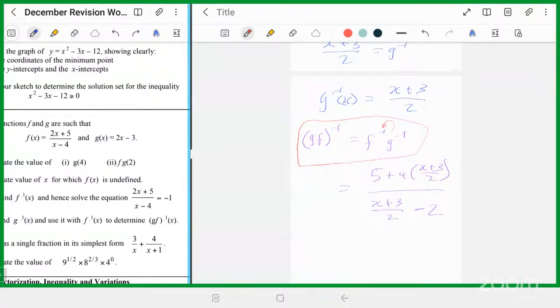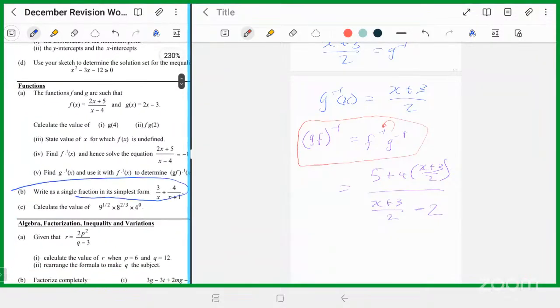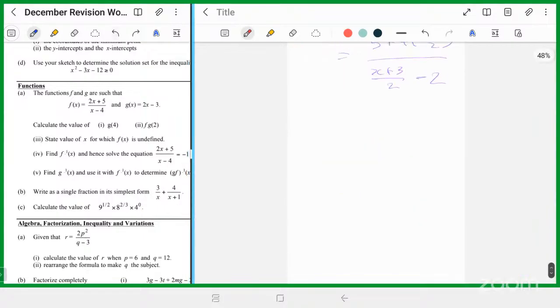But let us do the next part B. This is to write that as a single fraction. So I have to put the algebra: 3 over x plus 4 over x plus 1. That's an algebraic fraction.